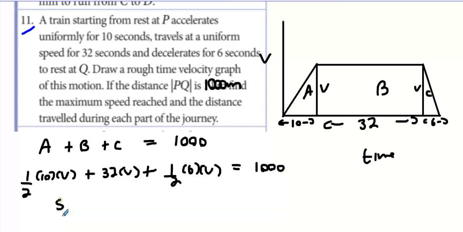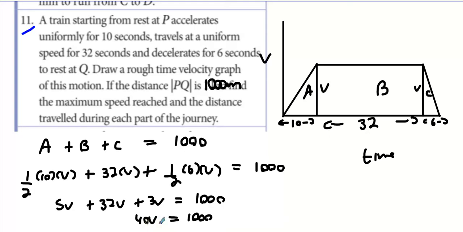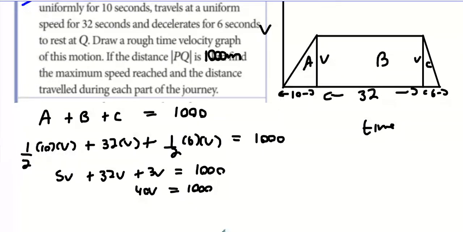Now what do we get here? 5V, 32V plus 3V. 40V equals 1,000. V equals 25. Have I answered the question?